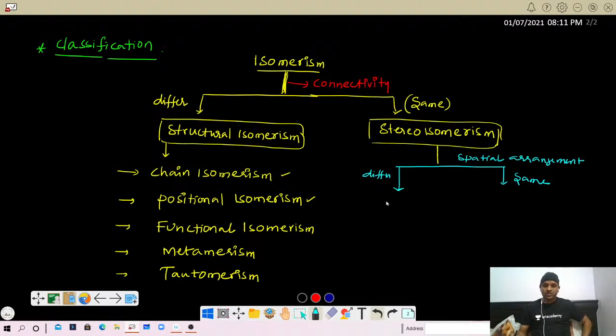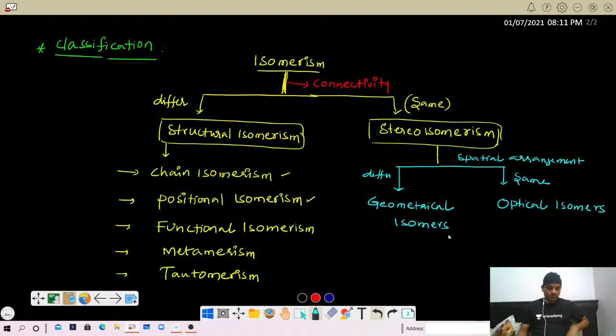What are those? They are first geometrical isomers and then optical isomers. Geometrical isomers and optical isomers, right?